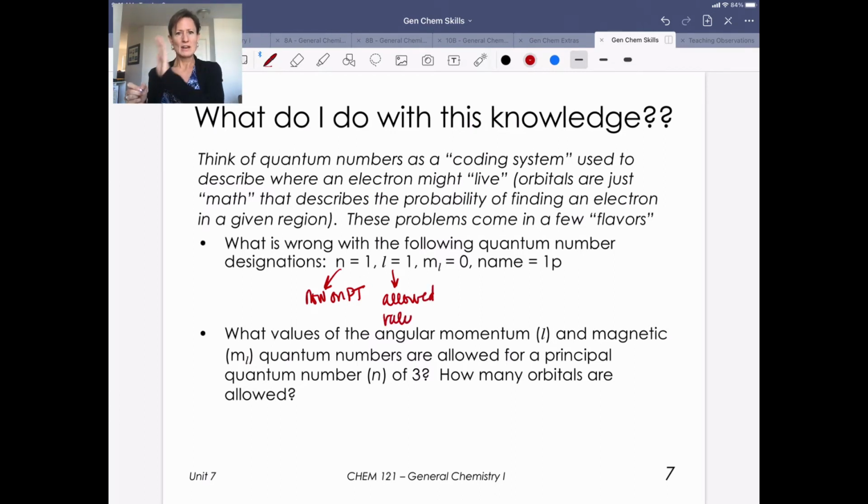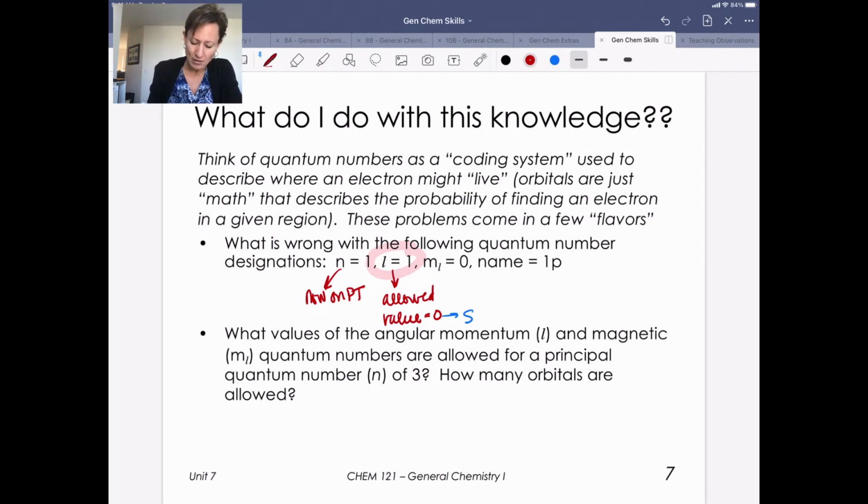Well, n minus 1 is 0, so the only allowed value is going to be equal to 0. Remember, we can define that as being an s orbital. So right now, we're already seeing that this is something that's wrong. This is a problem. We cannot have an L equal to 1.